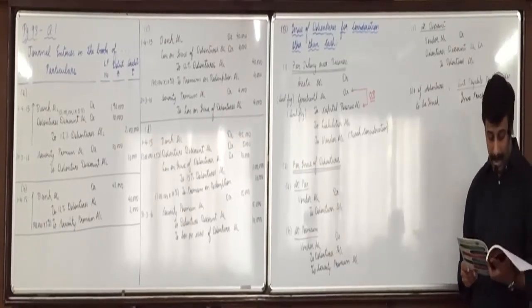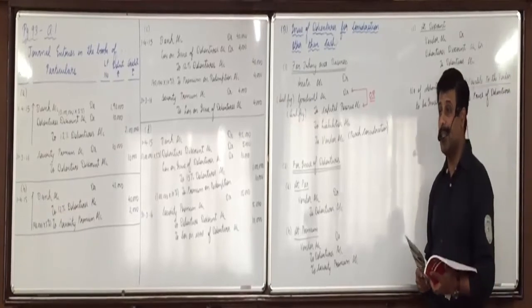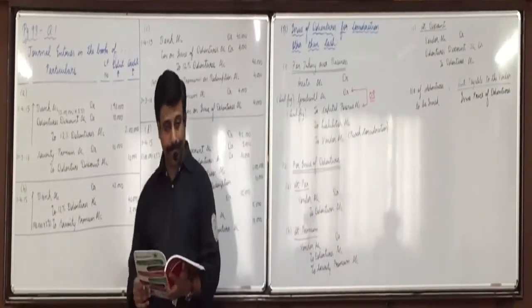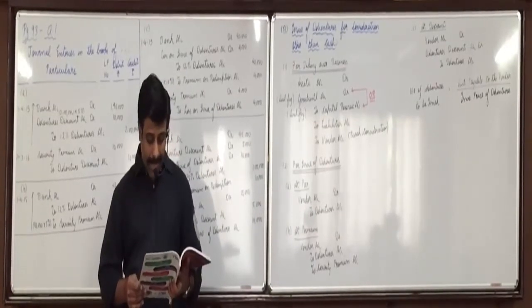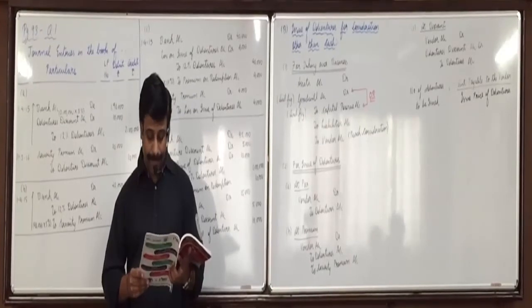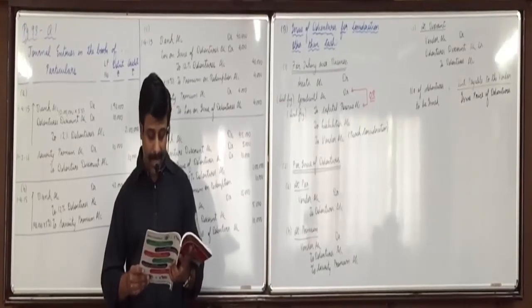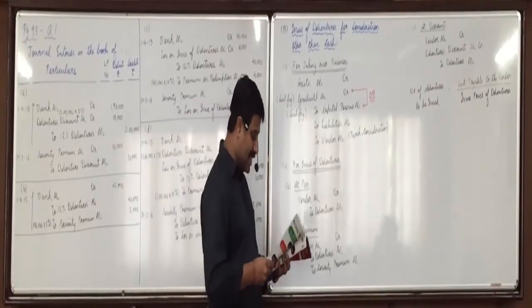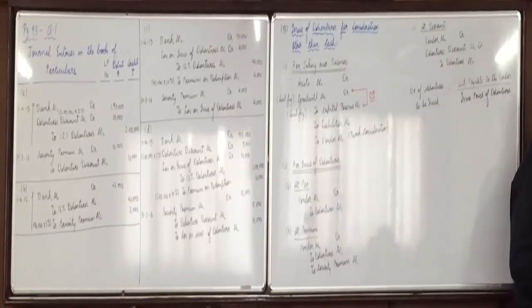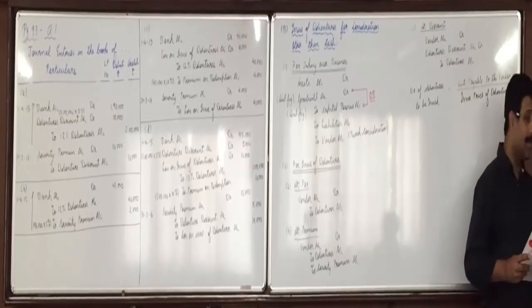Now, question number 2, page 93. X Limited acquired fixed assets valued at rupees 5 lakhs and current assets valued at rupees 2 lakhs, so fixed assets 5 lakhs, current assets 2 lakhs, total 7 lakhs.